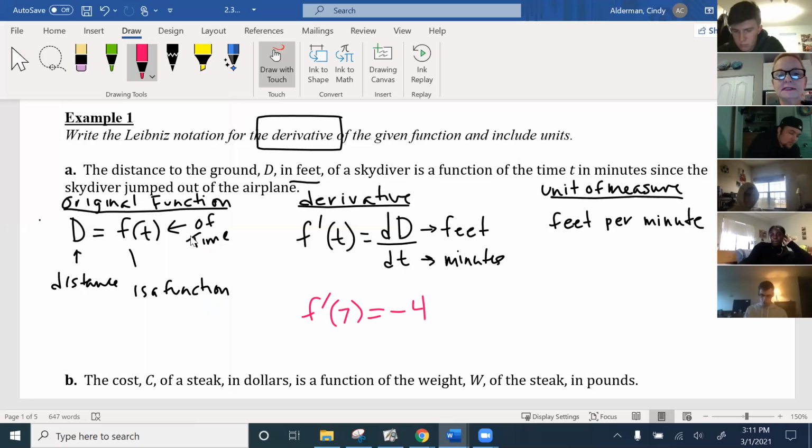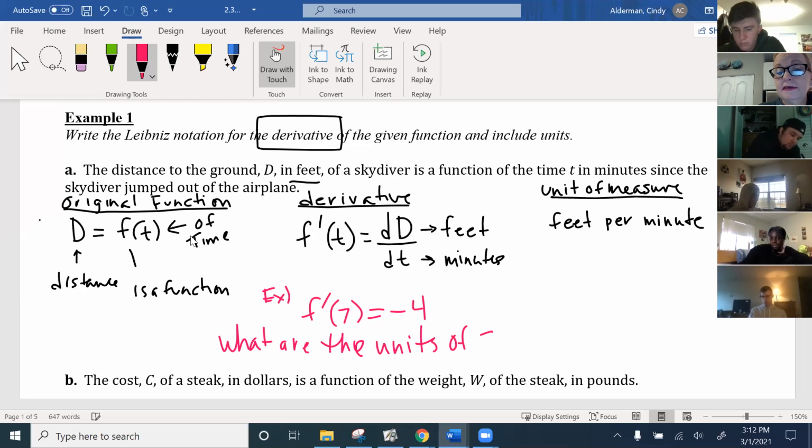And the question is, what are the units of 7? Well, the units of 7 is going to be t, right? Time. So this would be t in minutes, right? So the units of 7 would be minutes.